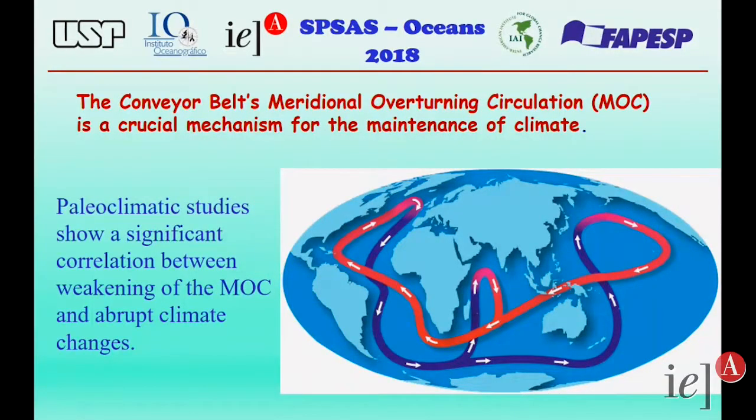This is what we see today, or when I say we, actually no one can see this, because this is an average, a very crude representation considering a long-term average.